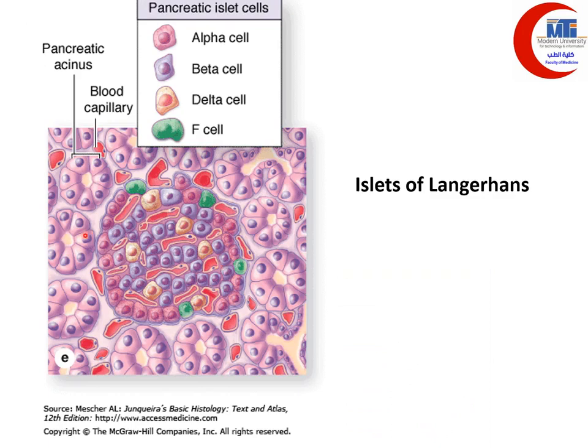This diagram also illustrates islets of Langerhans, which are scattered between pancreatic acini, the exocrine part of the pancreas, and islets of Langerhans, the endocrine part of the pancreas.